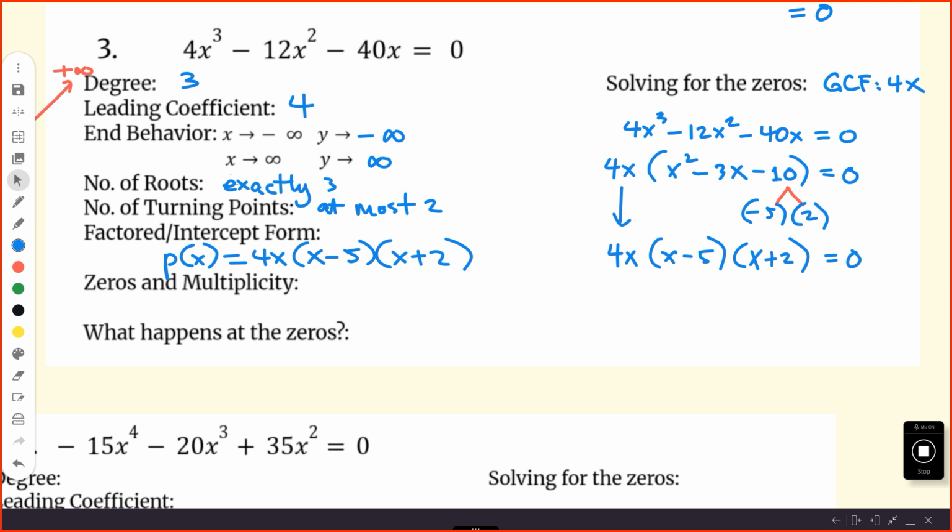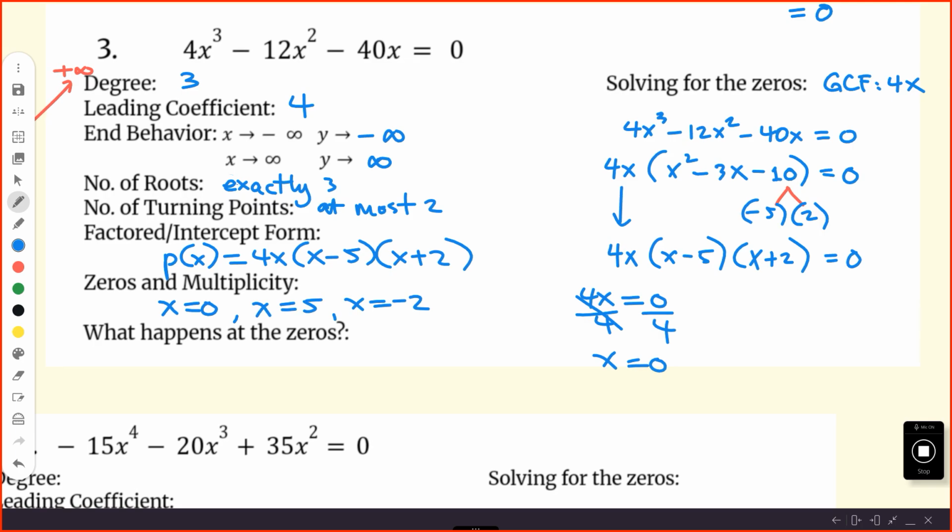All right, and then we know, so if it's 4x, what is going to be the 0 here? If you set 4x to 0, will it be negative 4? Yeah, negative 4. Oh, wait, no. It's just 0, right? If you divide 4 on both sides. So therefore, x is 0, and then x is 5, and x is negative 2.